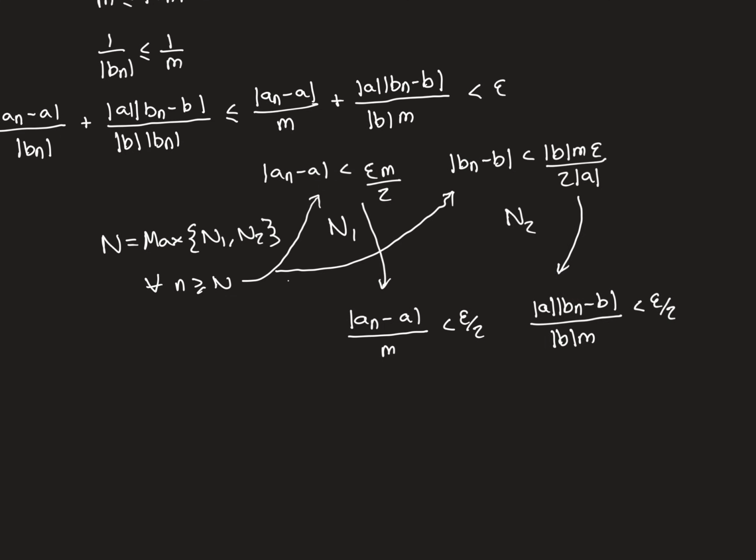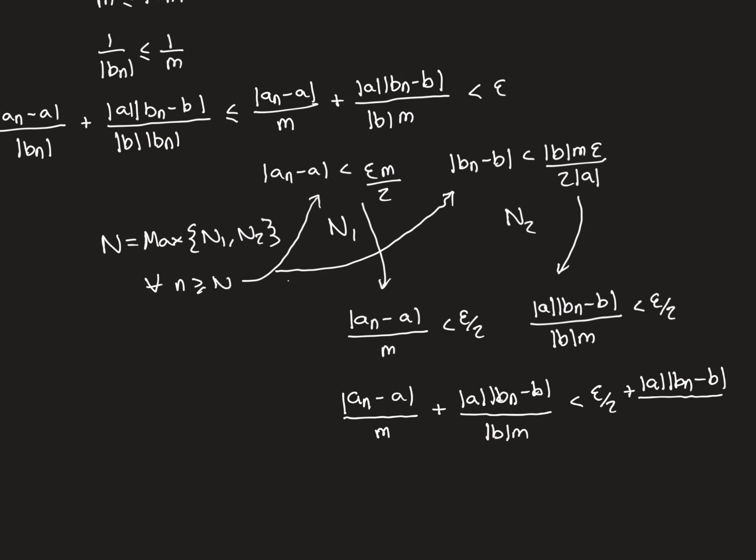And then the same trick as previously, so we're going to take this one, let's say, and add this thing onto both sides. So we'll then get mod an minus a over m plus mod a mod bn minus b over mod b times m is less than epsilon over 2 plus this thing, so plus mod a mod bn minus b over mod b m.